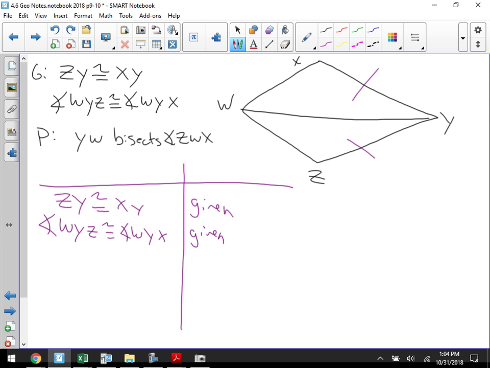Follow the vertices. Follow the letters. W, Y, Z. Oh, there's one. W, Y, X. Oh, there's the other. There it is. And again, you've got to reflex it.